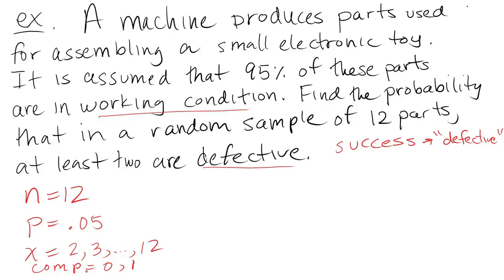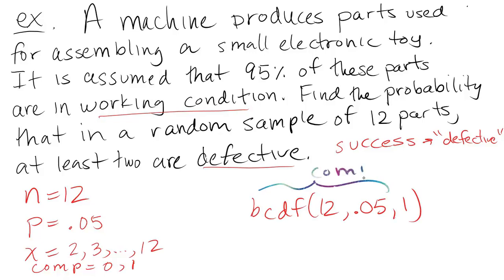The complement is nice and short. I'm still going to use CDF to calculate that probability though, but that's not the probability that we want because that's the complementary event. So I'm going to subtract from 1, 1 minus that, to get the probability that we want.